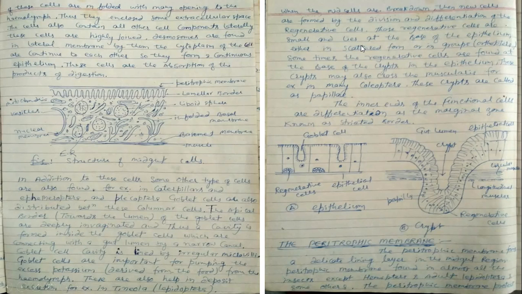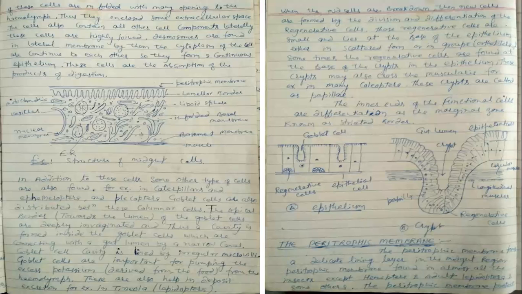When the mid cells break down, new cells are formed by the division and differentiation of the regenerative cells. Those regenerative cells are small and lie at the base of the epithelium, either scattered or in groups, as in Orthoptera. Sometimes the regenerative cells are found at the base of crypts in the epithelium.